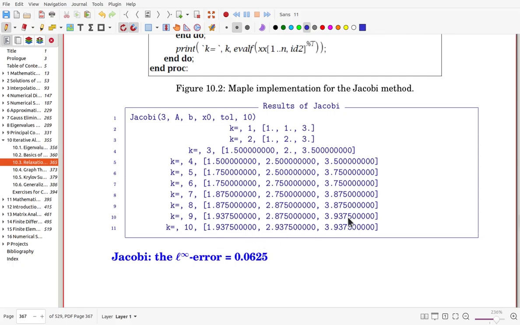We can measure the error from the exact solution, which is 2, 3, 4, and the maximum difference is 0.0625. We'll use this algebraic system again for Gauss-Seidel and SOR. Let's see how they perform differently.